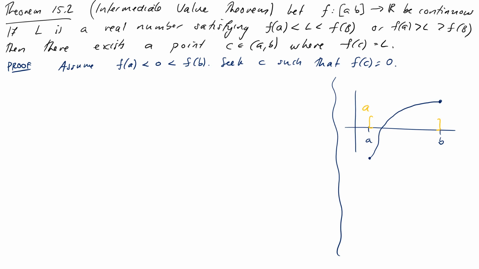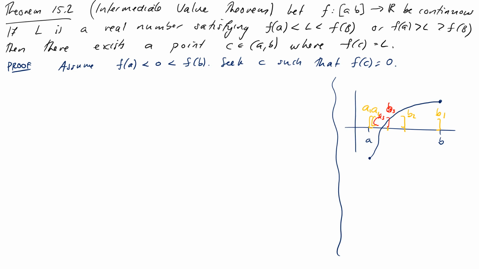We'll call this a1 and this b1. And then we're going to find the middle point, and we'll define a2 and b2 such that we've got a negative value on the left-hand side and a positive value on the right-hand side. And then we'll find the midpoint again, and this will be a3 and b3.